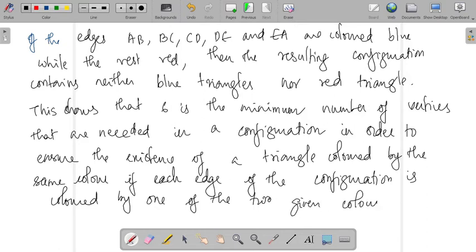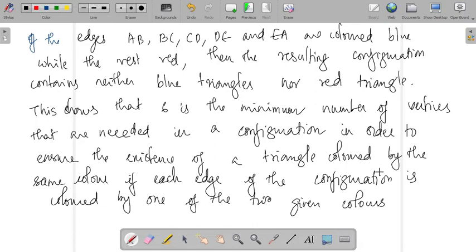So if the given configuration is colored by two different colors, അങ്ങനെയാണെങ്കിൽ നമ്മൾ minimum 6 vertices എടുത്താൽ മാത്രമേ we can ensure the existence of a triangle which is of the same color. That is either a blue triangle or a red triangle.